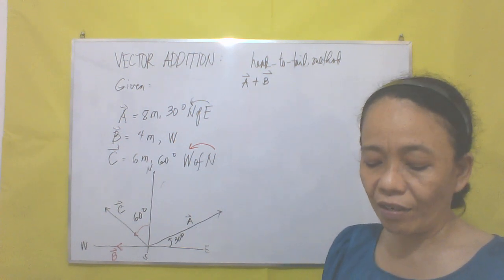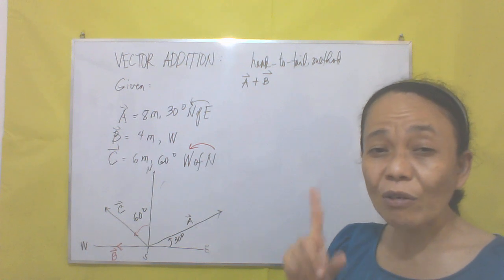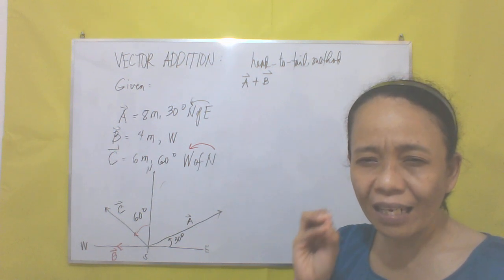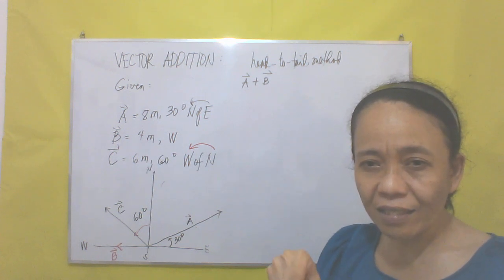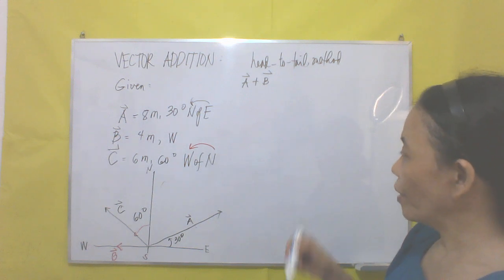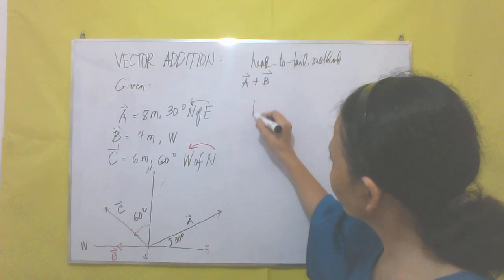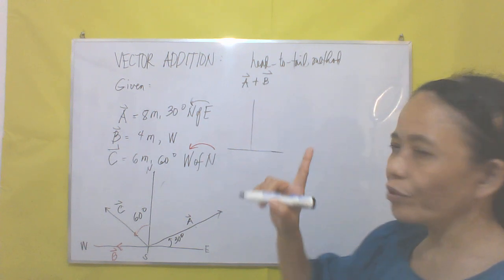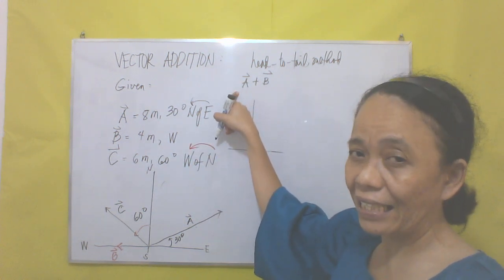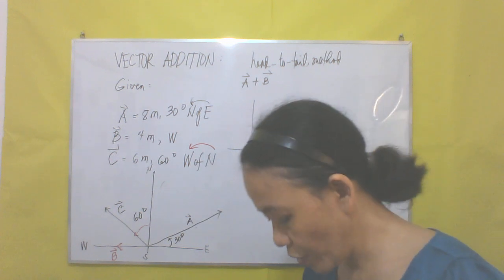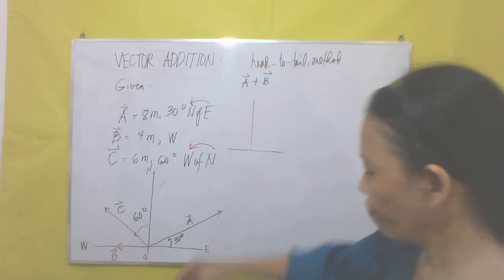The technique here is, using your pencil, you're going to draw a very, very thin line representing the x and the y axis. So draw first vector A, 30 degrees, using your protractor.